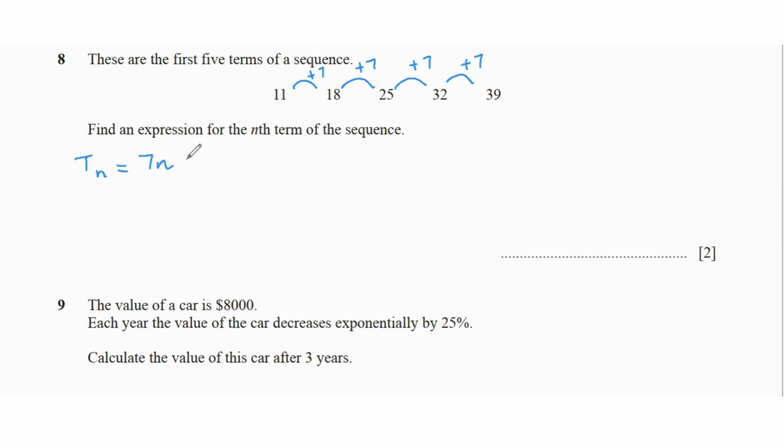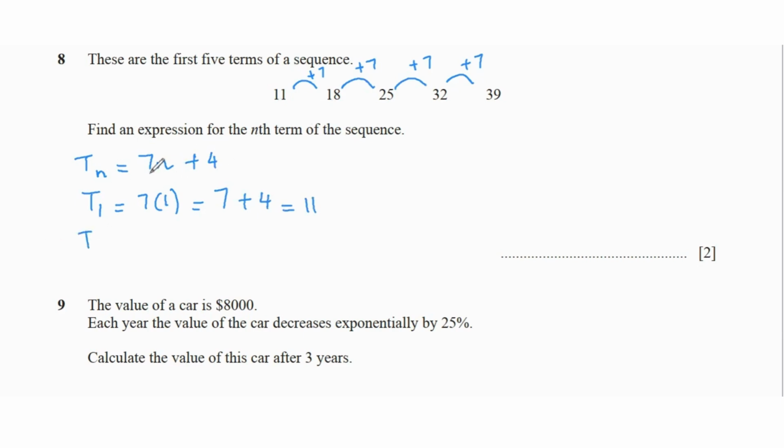But since it's being added to each consecutive term, it's positive 7n. So now let's assume that the nth term is 7n. If we find the first term using 7n, 7 times 1 gives us 7, not 11, which means we need to add 4 to make it 11.